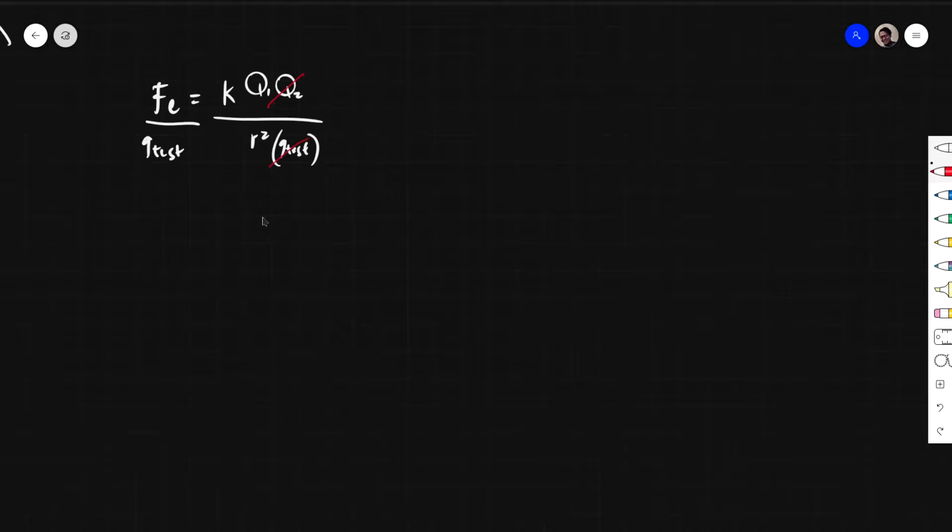Now this will be the definition of electric field. Electric field is equal to F sub E over Q test, equal to K Q source, where the electric field originates, divided by the distance squared.